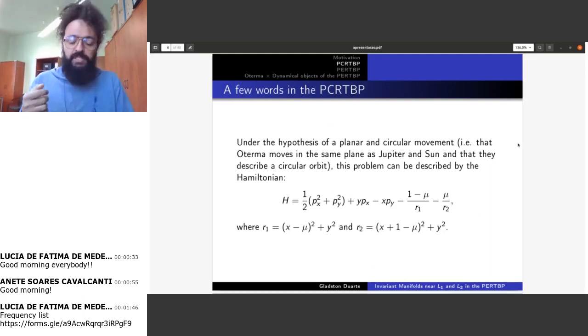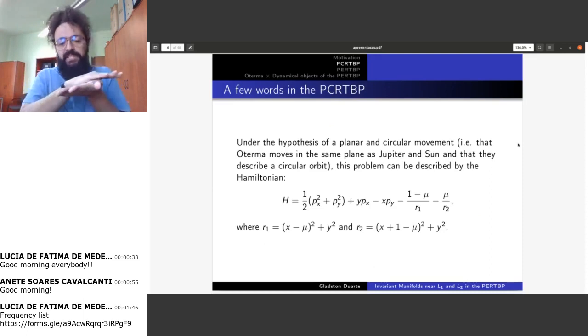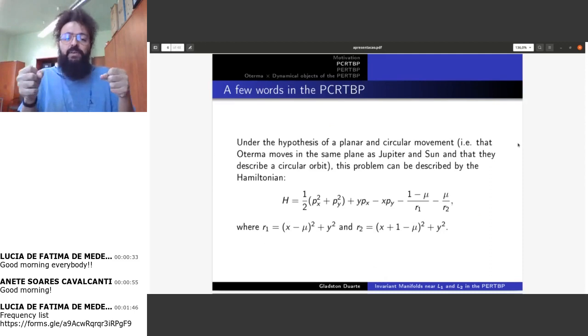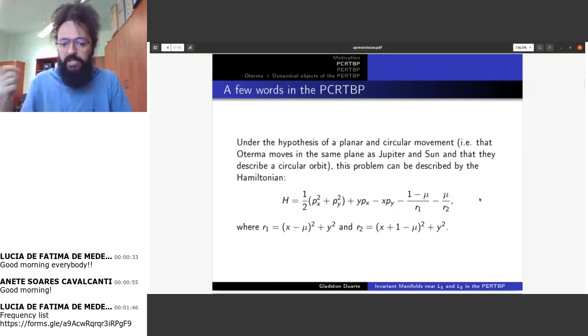This massless body's orbit is in the same plane as the massive bodies, and the massive bodies describe a circular orbit. The problem is to compute the dynamics of this third body. It's a Hamiltonian problem, and it's written in this way.